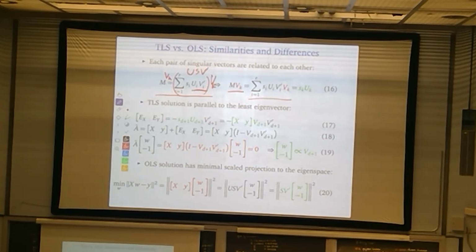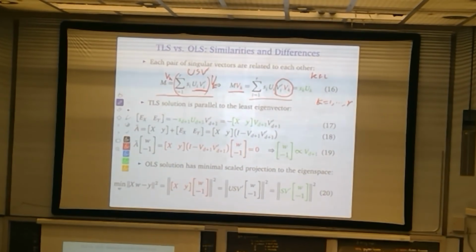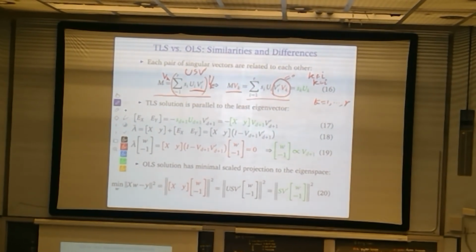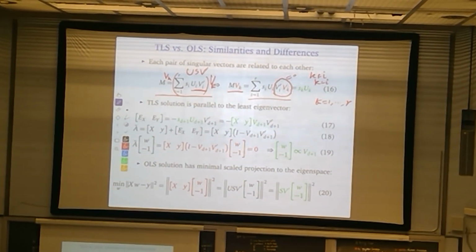K is any number between 1 and R. If K is not the same as I, this will be 0. Only when K equals I, this will survive, and the value will be 1 because it's orthonormal. So then the whole thing becomes just S_k U_k. Which means if I multiply this by the singular vector V_k, I get U_k.